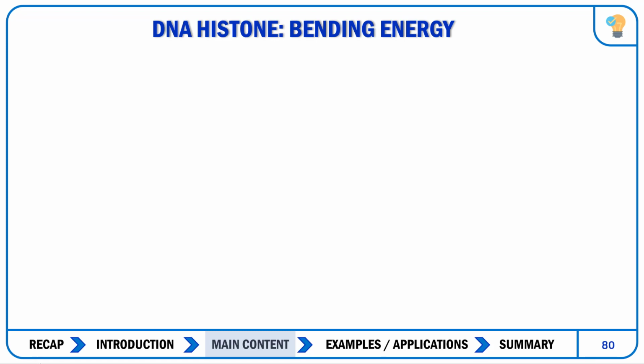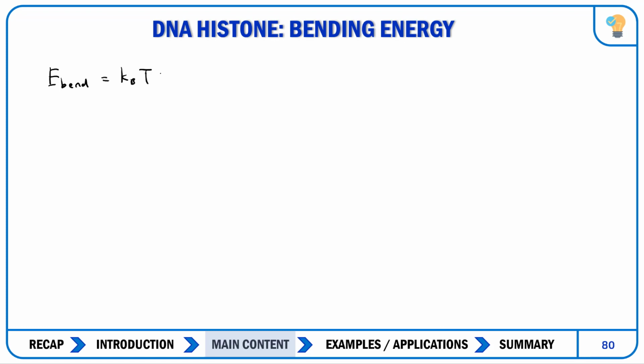So when we take a look at the DNA histone, once again, our DNA is bending, which means we have bending energy. So we're just going to modify our previous equations.